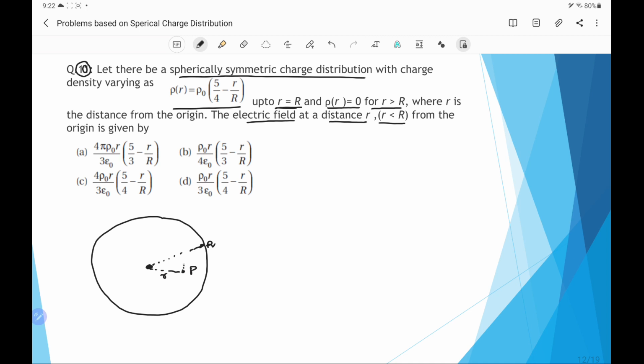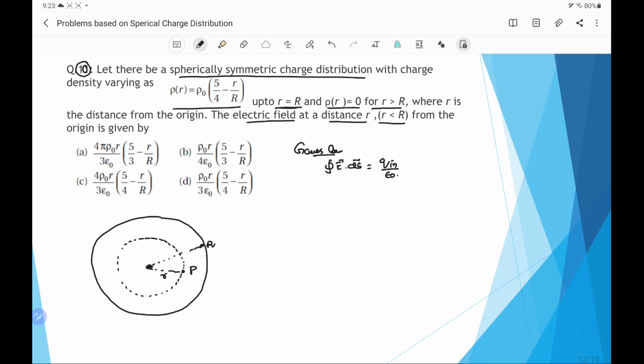So to find the electric field, we will use Gauss law, and for Gauss law we take a Gaussian surface. Therefore, using Gauss law, it is the integral of E dot ds, this is the flux, and it is equal to Q enclosed by the Gaussian surface divided by epsilon naught.